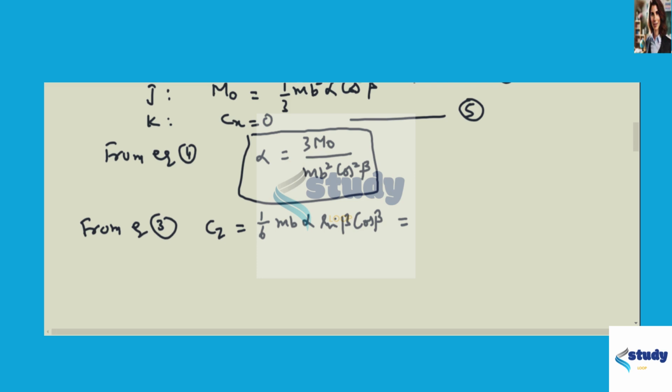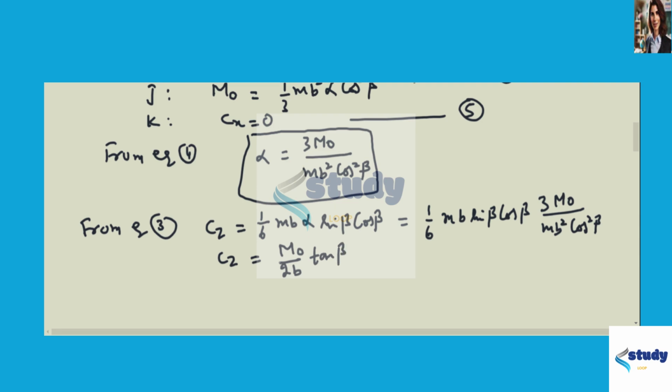From this value you can simplify, you will get 1 by 6 mb sin beta cos of beta times 3 M naught over mb square cos square of beta. So solving it, Cz you will get M naught upon 2b tan of beta. Cx we have already found, it is 0.